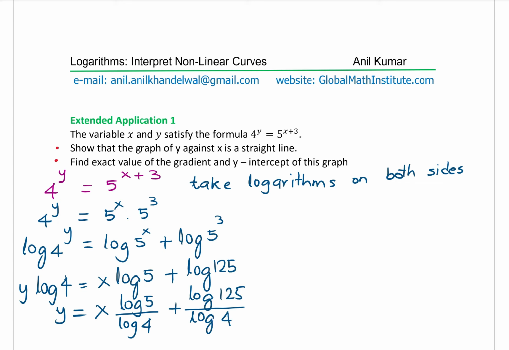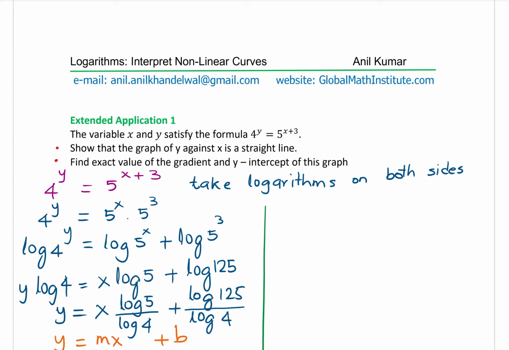Now, does that represent a linear relation or not? That is what you have to think about. What you notice here is that it is in the form of y equals mx plus b. Is that so?